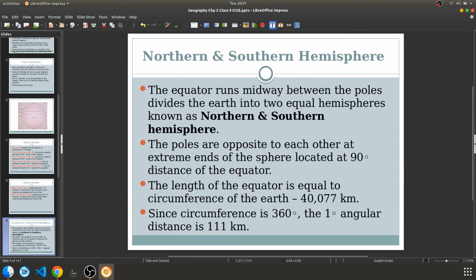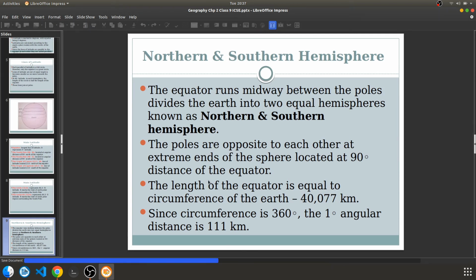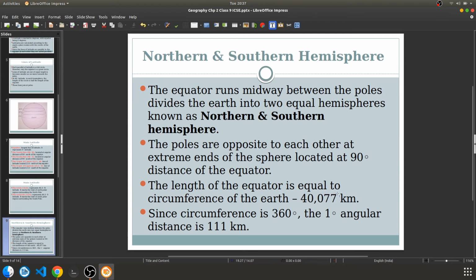Okay, so as I told you, the equator is the biggest circle, and it will also have the biggest circumference. They have calculated the circumference and it came out to be 40,077 kilometers. So this is the total circumference of the earth, basically of the equator, because the equator is the biggest, which lies in the center. That's why they are showing this in terms of kilometers.